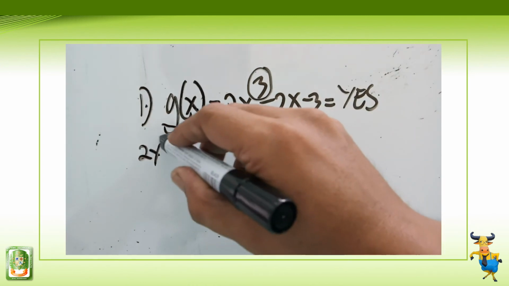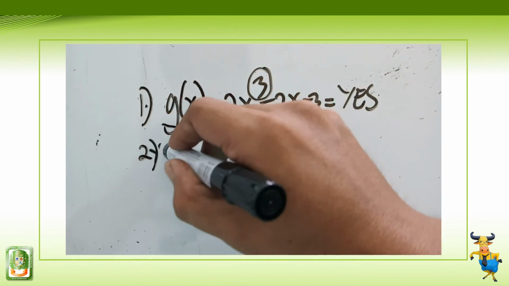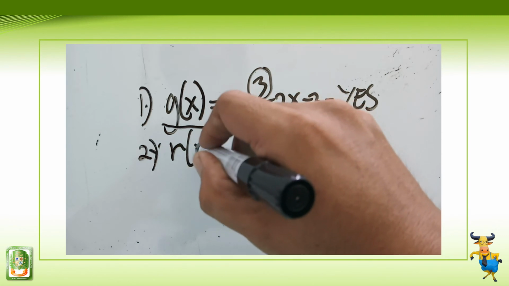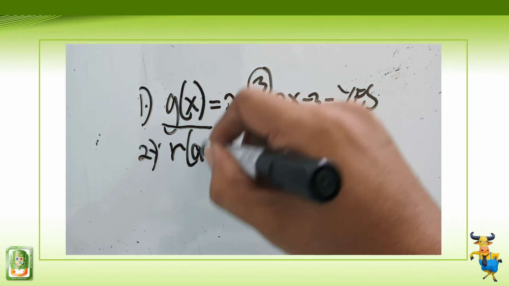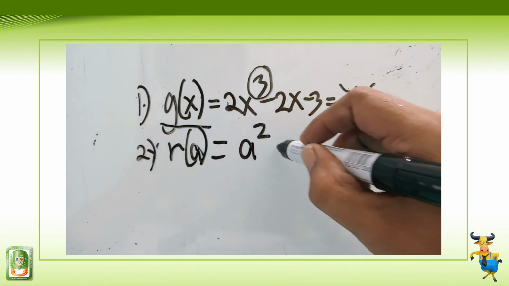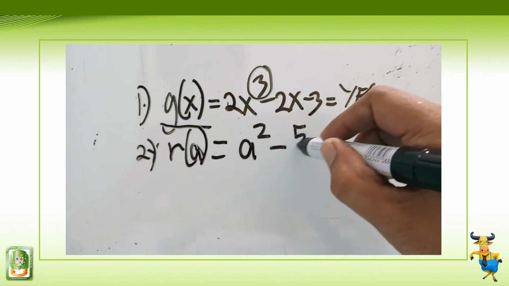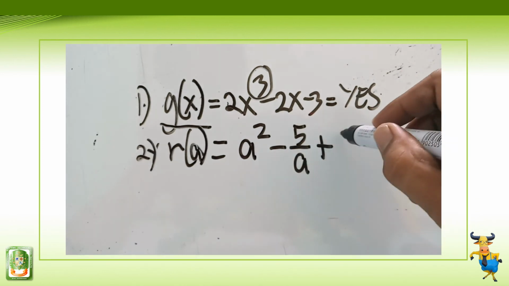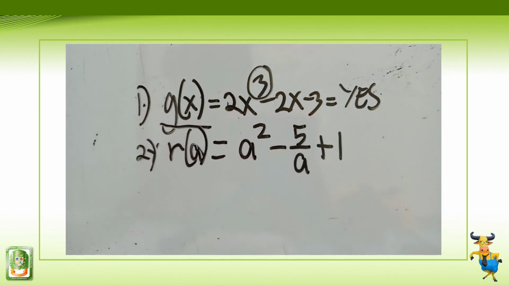Number 2: r sub a is equal to a raised to 2 minus 5 over a plus 1. Is this an example of a polynomial function?